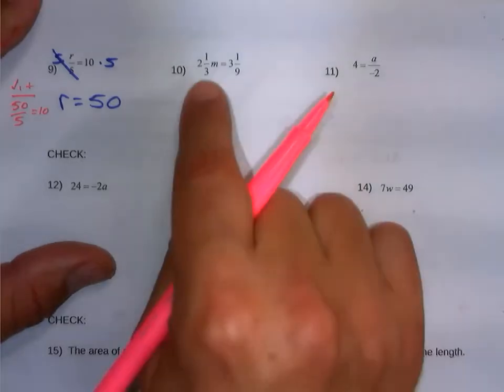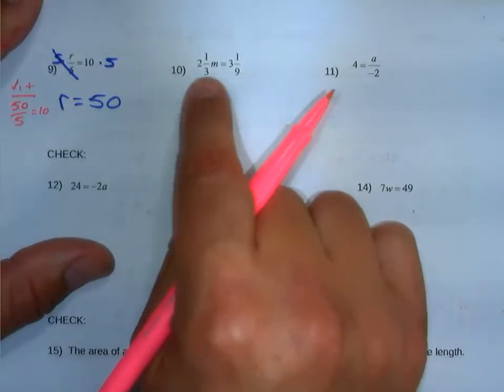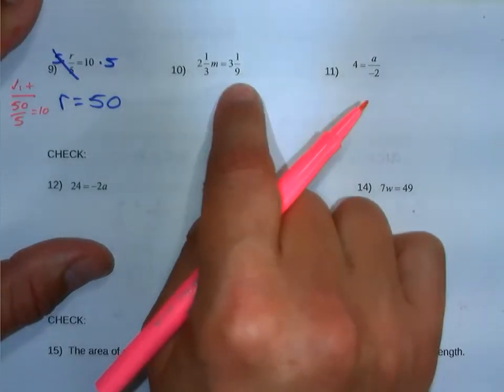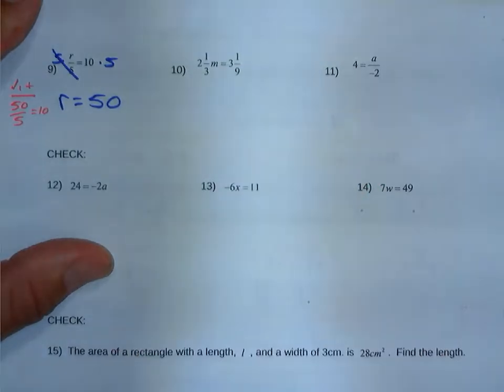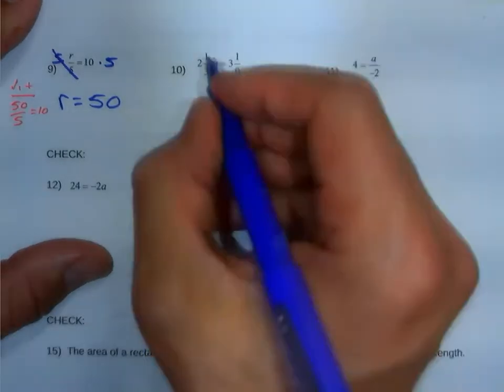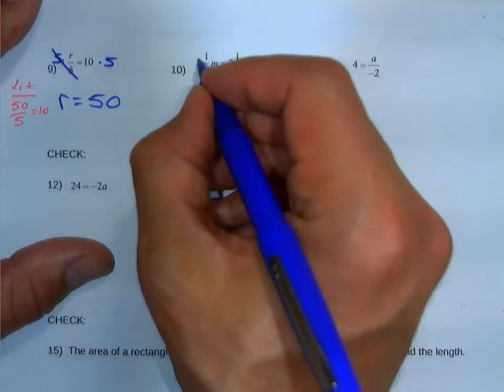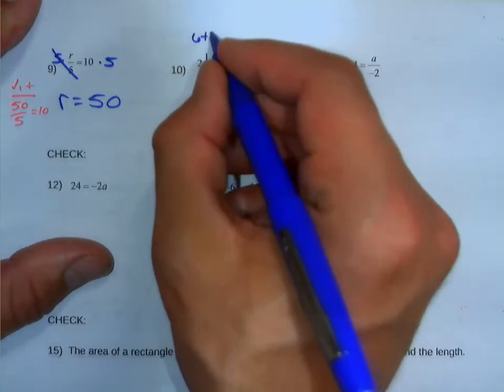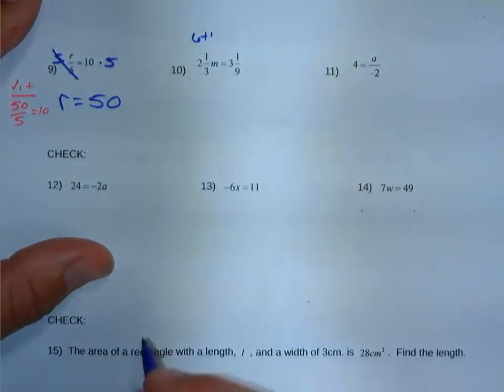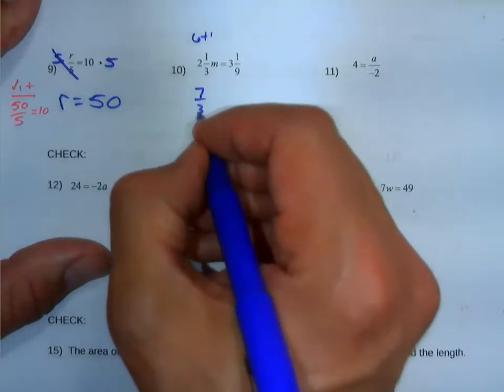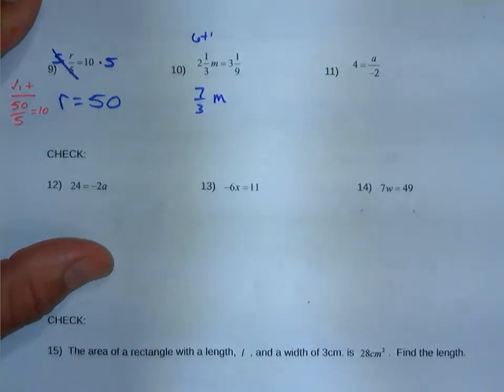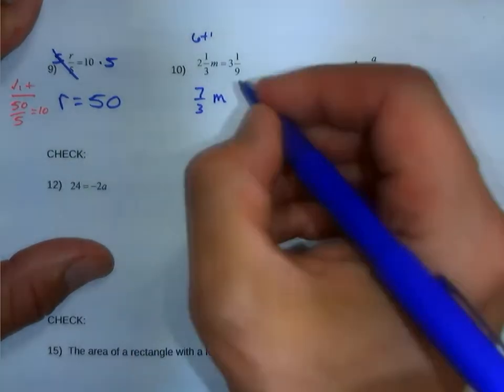Now, sometimes they give you guys some mixed numbers. And mixed numbers are hard to work with. So that's why we try to convert those into impropers. Okay? So reminder, we're going to take 3 times 2, which is 6, and we're going to add 1, that remainder. So this is really 7/3. Okay? Now I'm going to set that equal.